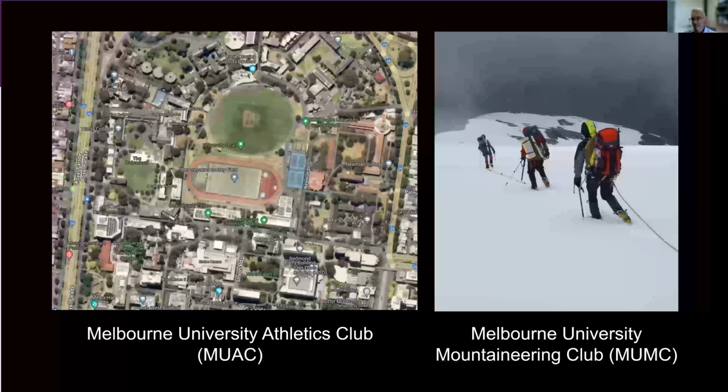Melbourne University had more to offer at the time than just intellectual pursuit. And I think it's great to be able to explore the wider life at the university. And for me, that was being involved with the Melbourne University Athletics Club, MUAC, as a 400 and 1500 metre runner, and also the Melbourne University Mountaineering Club, the MUMC, where we rock climb at Mount Arapiles and ice climb at Mount Feathertop.